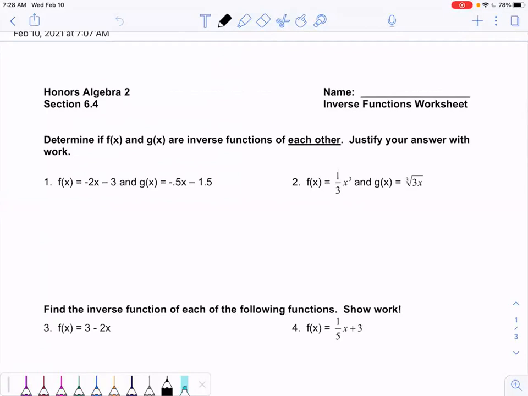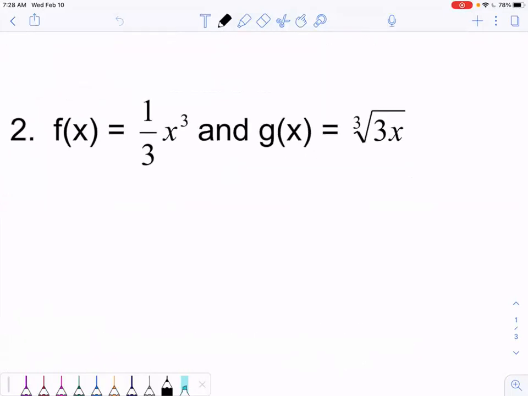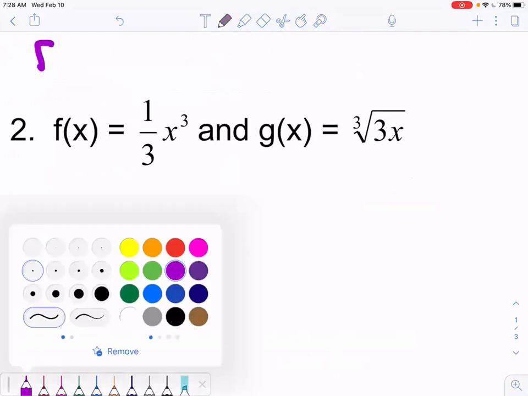And then it does say justify your answer with some type of work. So they're saying that we have these 2 functions and we want to justify or determine that they are inverses of each other. And to do that, we need to show, wow, that's really big.